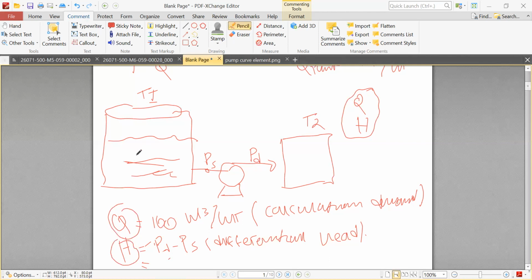If we have some corrosive fluid here, we need to upgrade the material for the suction pipeline and the discharge pipeline according to your fluid.